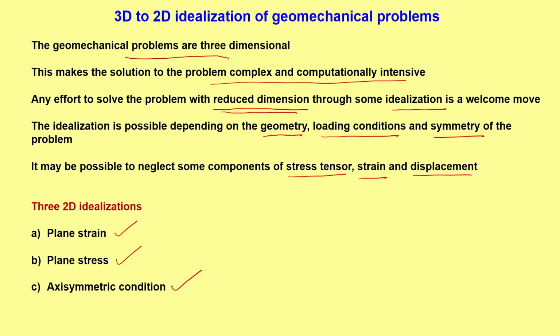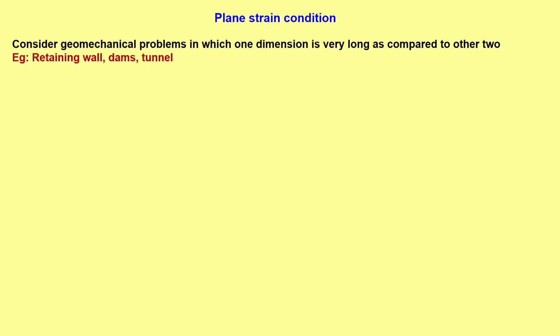For completeness, we are discussing all the three. But in geomechanical problems, or in soil mechanics, what is more important is plane strain and axisymmetric condition. So, these are the two important ones when you consider 3D to 2D idealization.